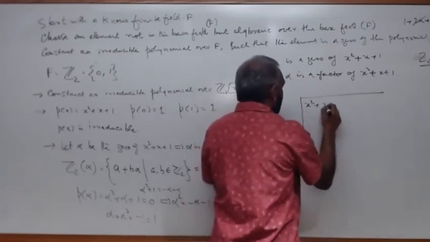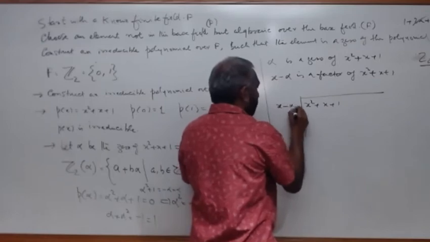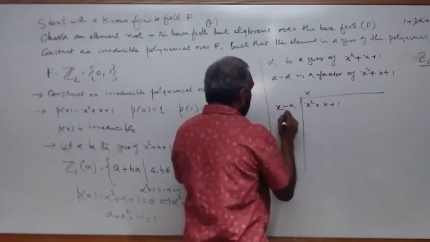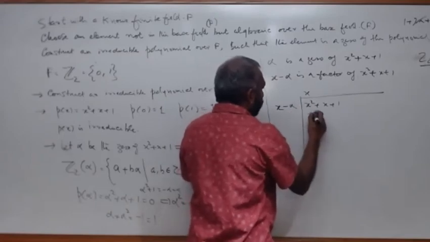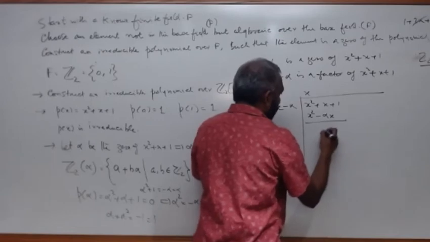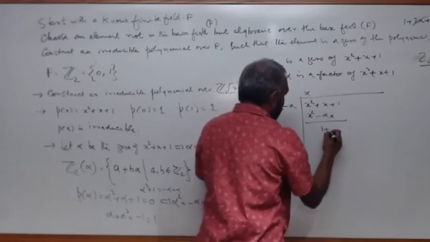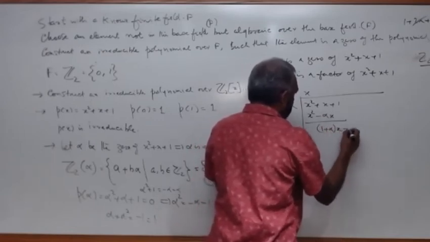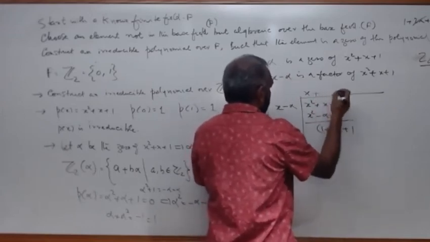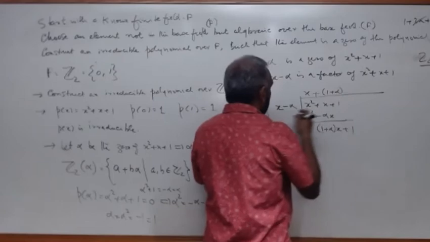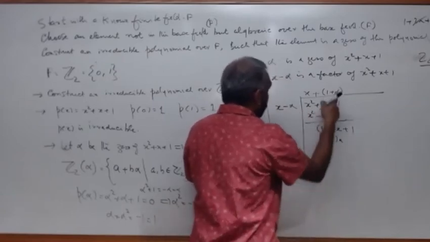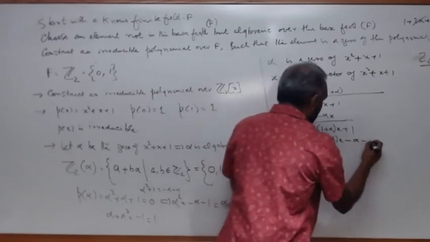x square plus x plus 1, divided by x minus alpha. So this is x square minus x alpha. When you subtract, it will be 1 plus alpha times x plus 1. So here it will be 1 plus alpha. Multiply 1 plus alpha times x minus alpha square.